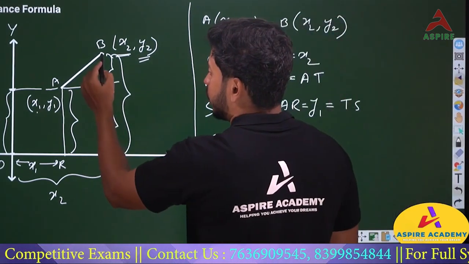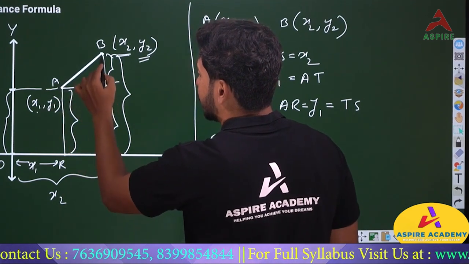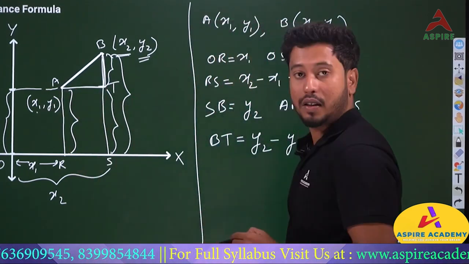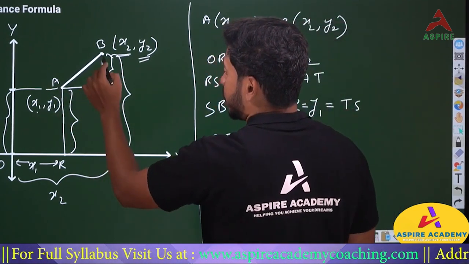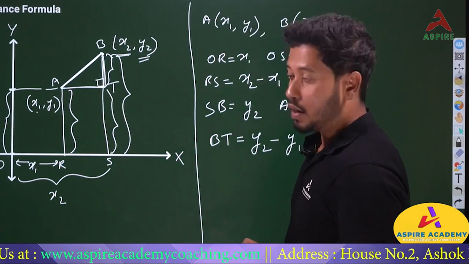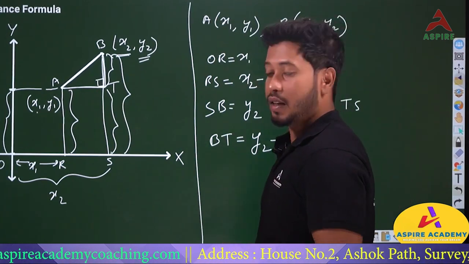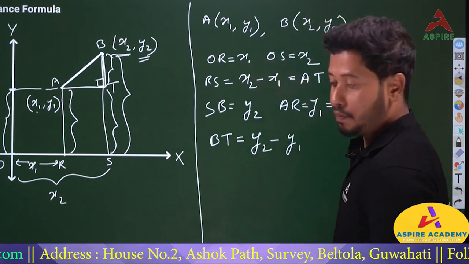Now, here, ATB, right? This ATB is what? It is a right angle triangle. Why? Because this AT is perpendicular to this BS, so this angle is a right angle. So if it is a right angle triangle, then we can use what? We can use the Pythagoras theorem, right?